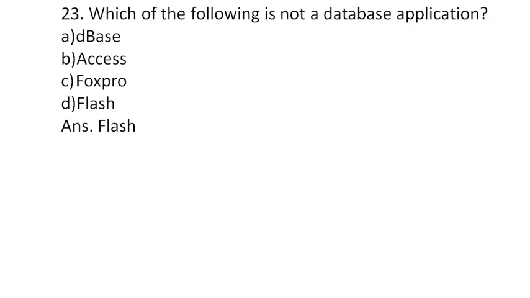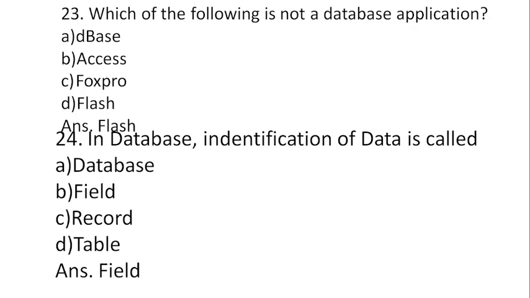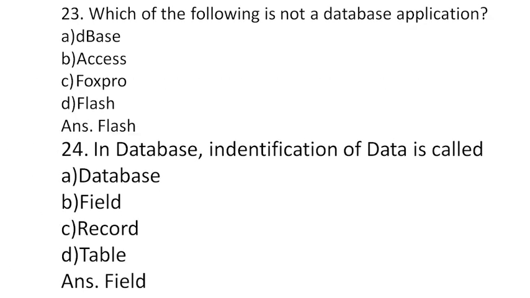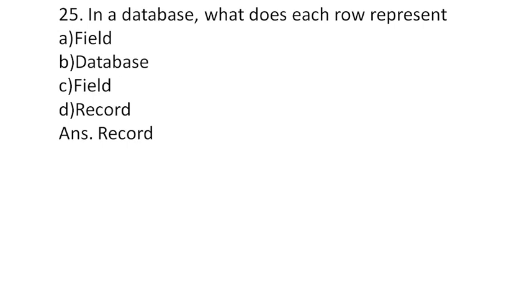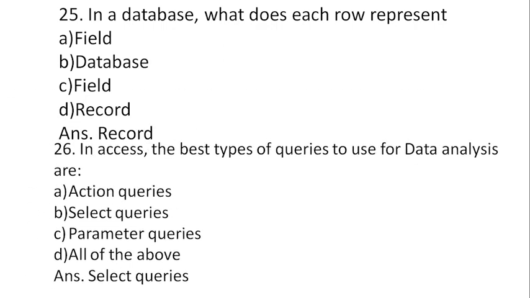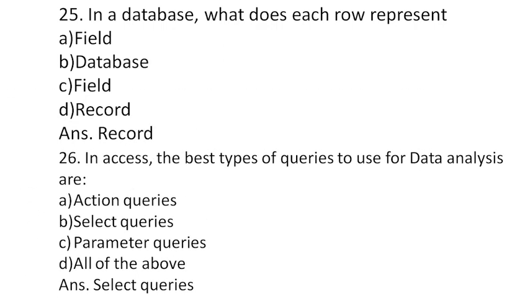Answer বলছে flash. Next, in database identification of data is called, answer বলছে field. Next, in a database what does each row represent? Answer হলো record.